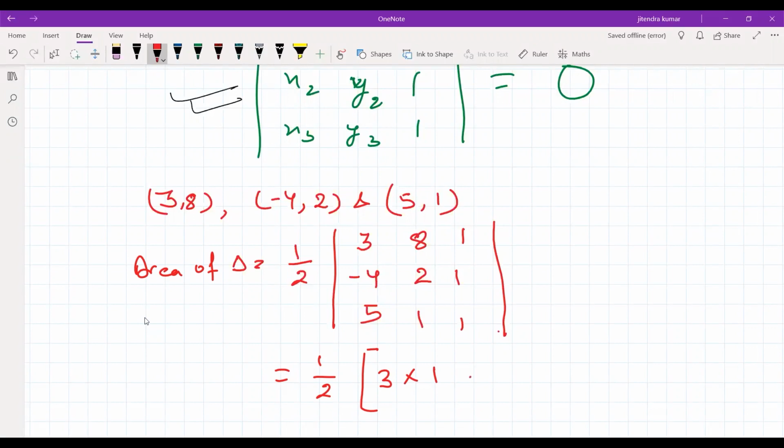Then minus 8 into (minus 4 minus 5), so it will be equal to minus 9. And plus 1 into (minus 4 minus 10), so it is minus 14.